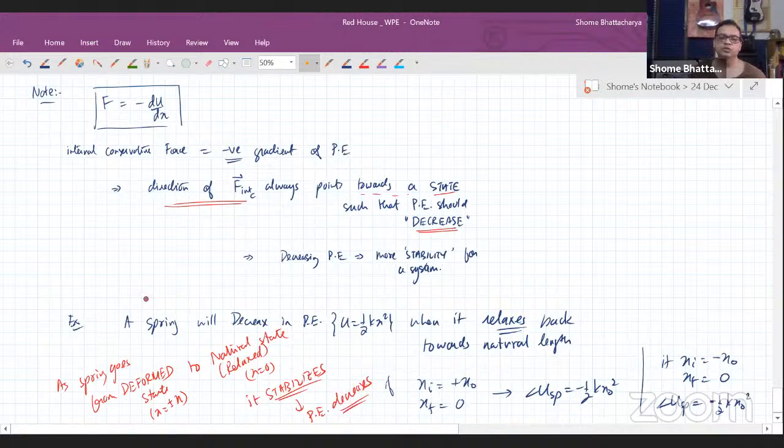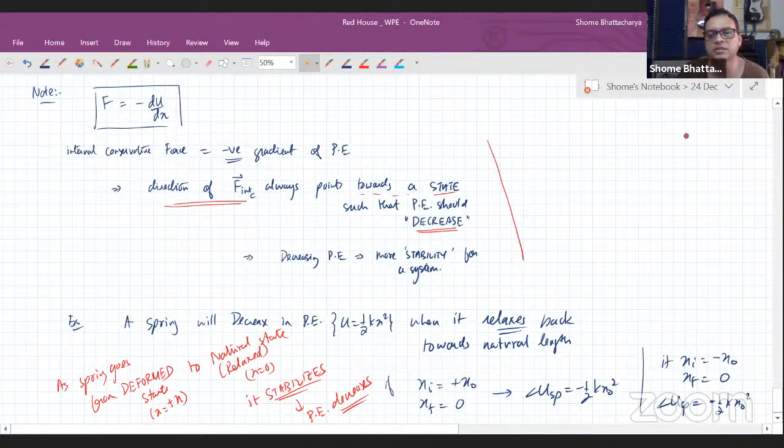So this holds true not only for the spring system but for any system in general. For any system, if the potential energy is decreasing in a certain direction, then the system is stabilizing in that direction. In other words, the internal force will always try to move the system in the direction in which the system's stability is increasing, or its potential energy is decreasing.